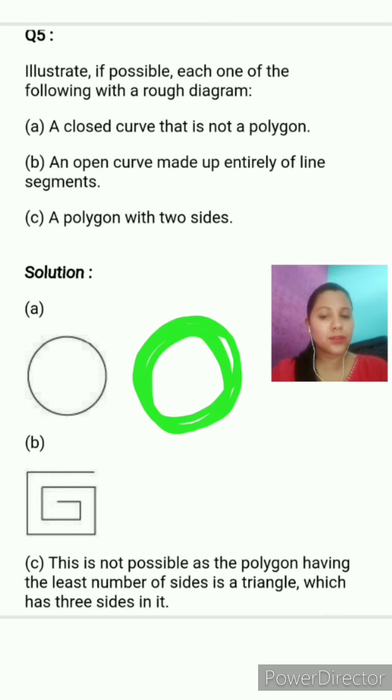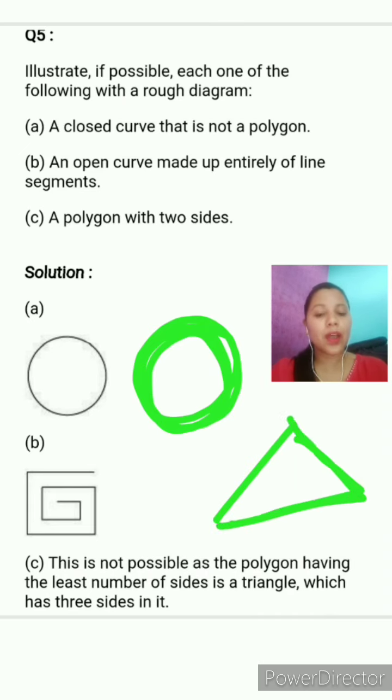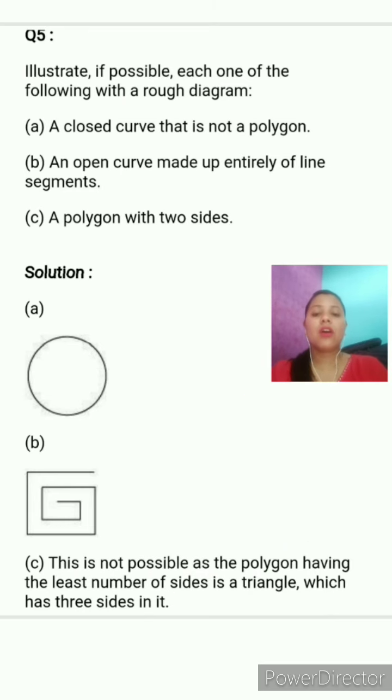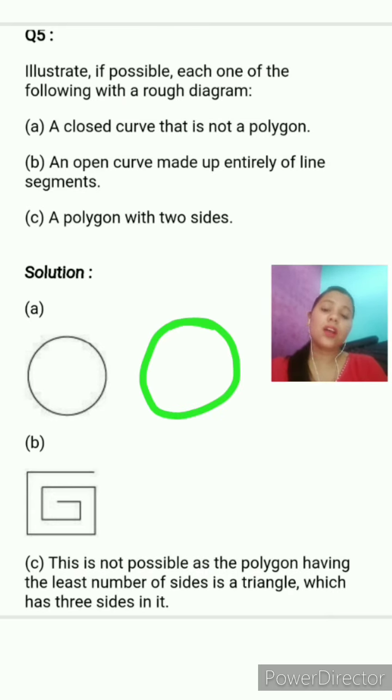A polygon is also a closed curve, but polygons are made by line segments, but circles are not. So we have to draw a closed curve that is not a polygon, and the answer is a circle. It's a closed curve, but it is not a polygon.